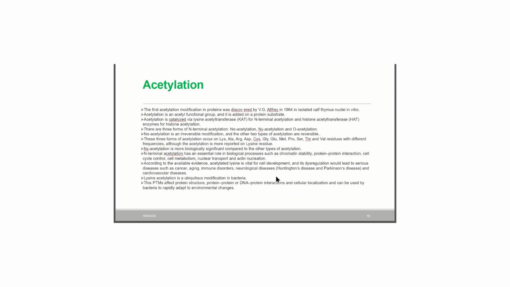But the opposite is in bacteria. Lysine acetylation is a ubiquitous modification in bacteria. That means it doesn't define the functions and could lead to the degradation of the polypeptide tagged by ubiquitin. Once the protein is tagged with ubiquitin proteins like lysine, acetylated lysine, then this leads to its degradation.